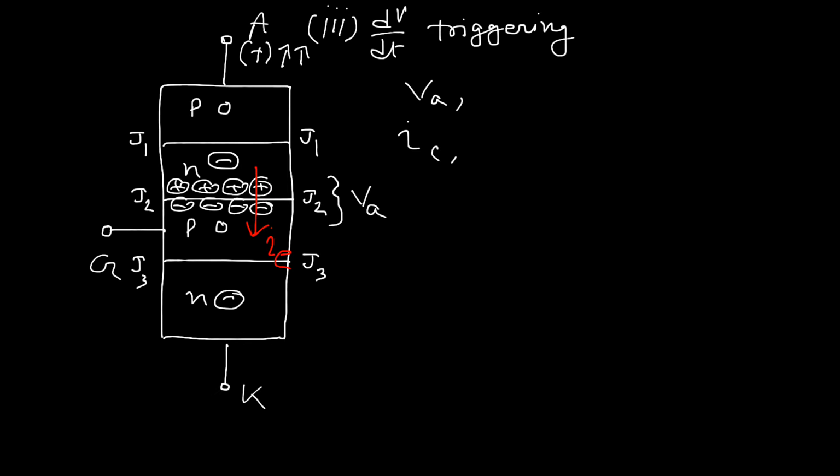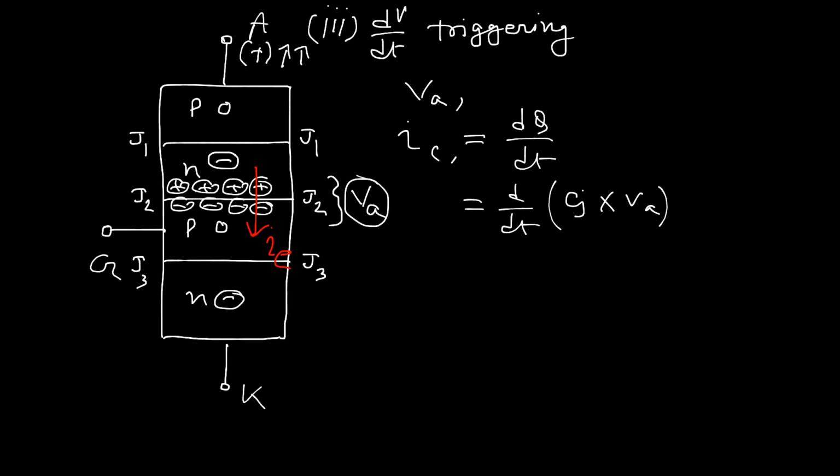So from the frequent change of the anode voltage, this capacitor current IC we can write as dQ/dt, where Q is the charge accumulated across junction J2, which is d/dt of Cj into VA, the voltage across junction J2 and the junction capacitance Cj.